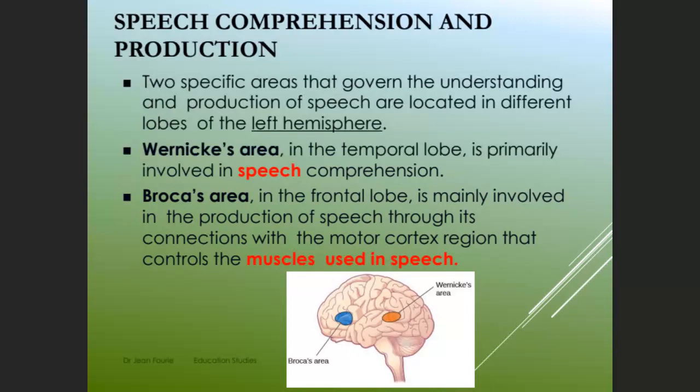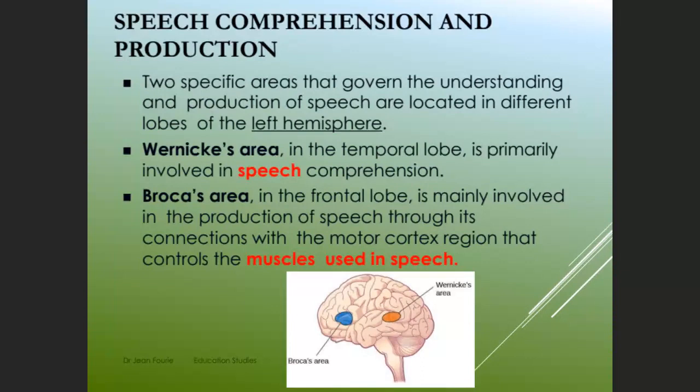It is primarily involved with speech comprehension, understanding the speech around us. Then Broca's area, in the frontal lobe, in this little picture the blue part, is mainly involved in the production of speech.